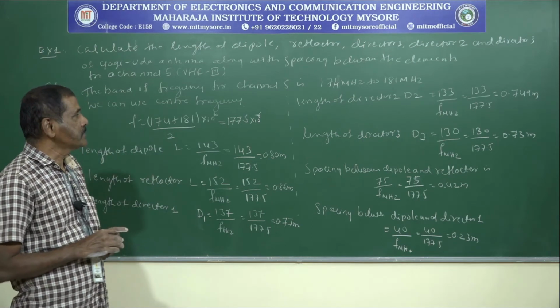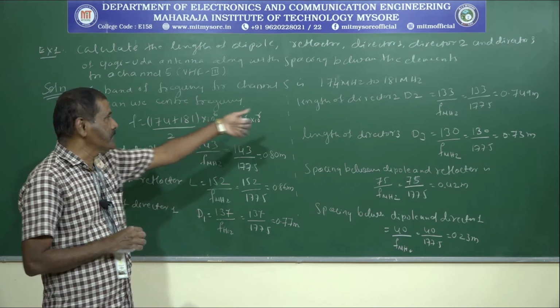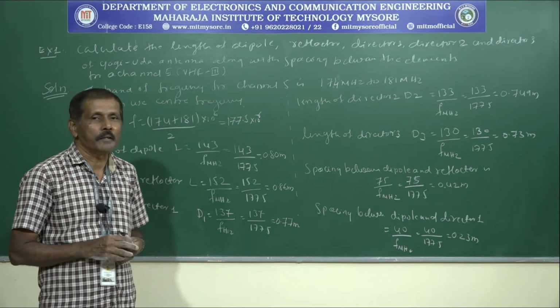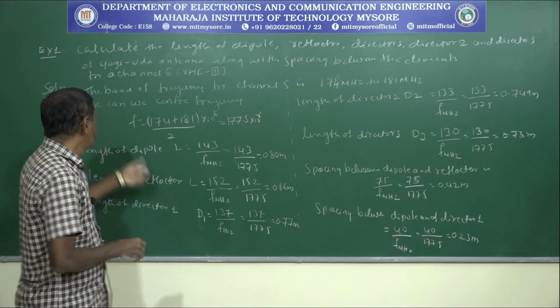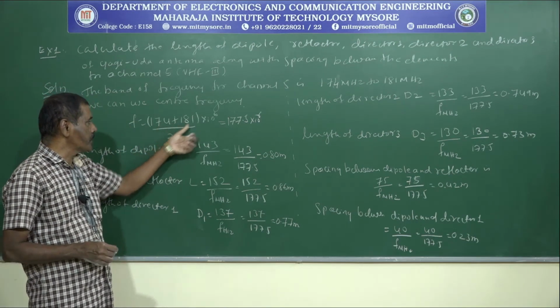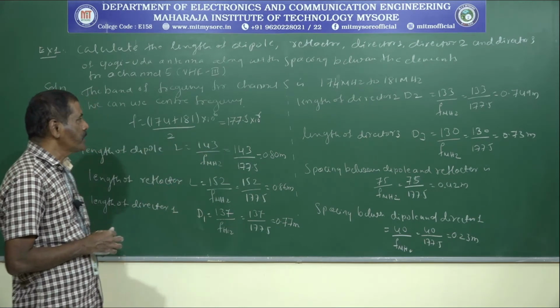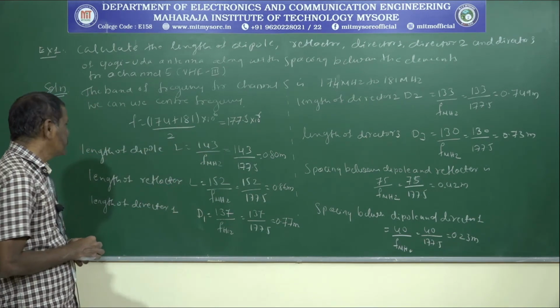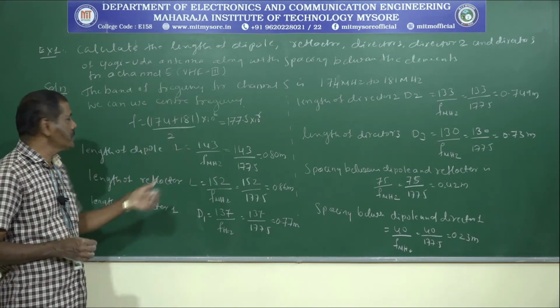The band of frequencies for channel 5 in the VHF range is 174 MHz to 181 MHz. Therefore, we can use the center frequency f equal to (174 + 181) divided by 2, which is 177.5 MHz.